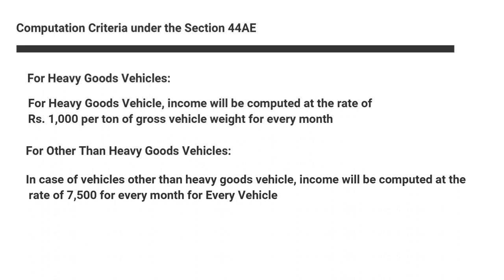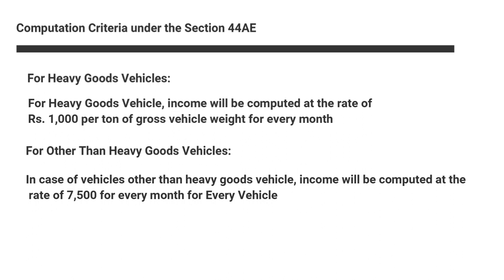Now let us understand the last part, which is computation and taxation part. How to calculate the tax on income under section 44AE. Income tax department has defined two criteria for two different situations. First for heavy goods vehicle and the second is for other than heavy goods vehicle.